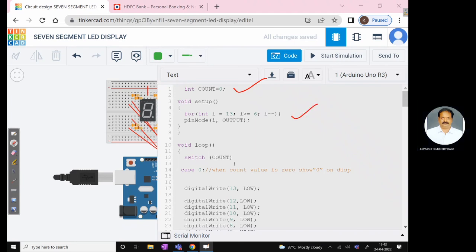Next, we use a switch statement, switch count, case 0. Different cases are there.